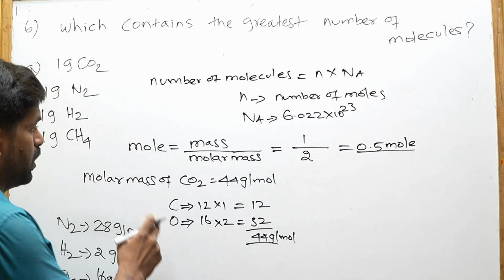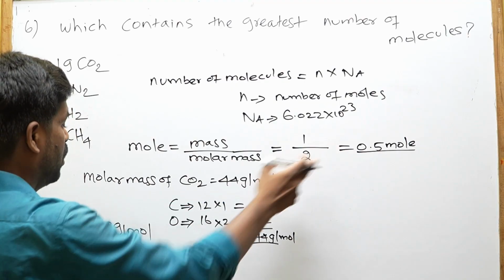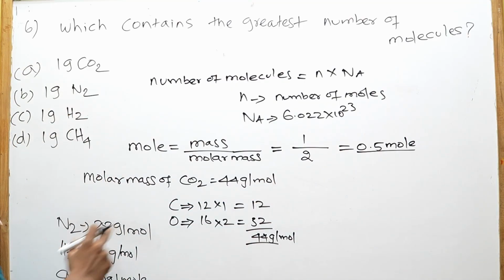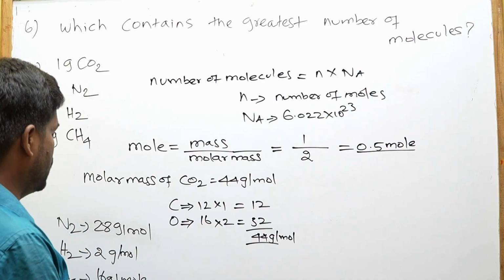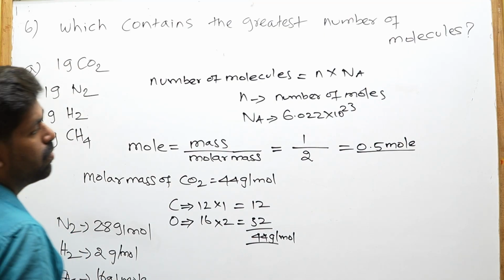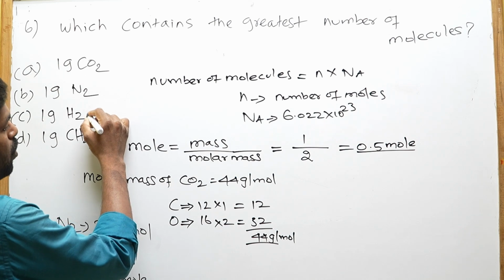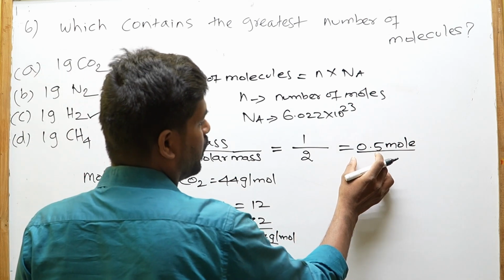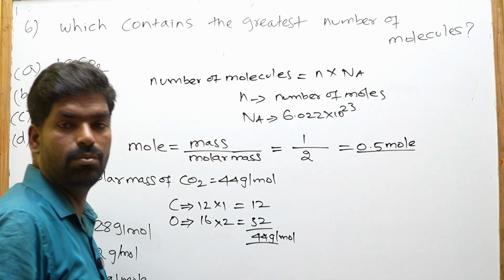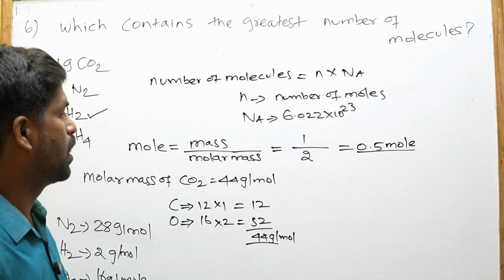If you substitute for carbon dioxide, it becomes less than 0.5 mole. Again, if you substitute for dinitrogen, it becomes less than 0.5 mole. Similarly for methane. Therefore, hydrogen has the lowest molar mass among the given options, which means the highest number of moles.